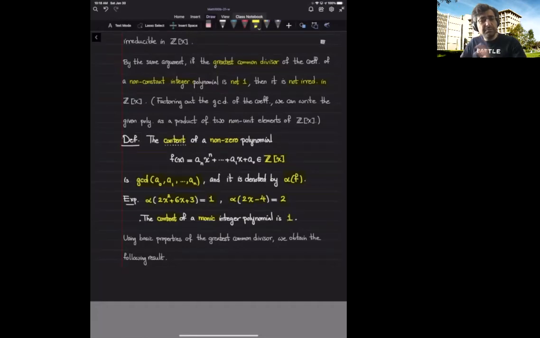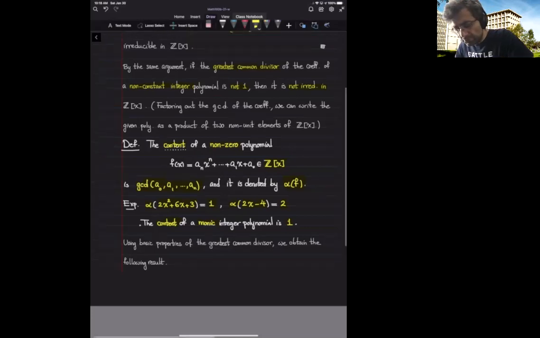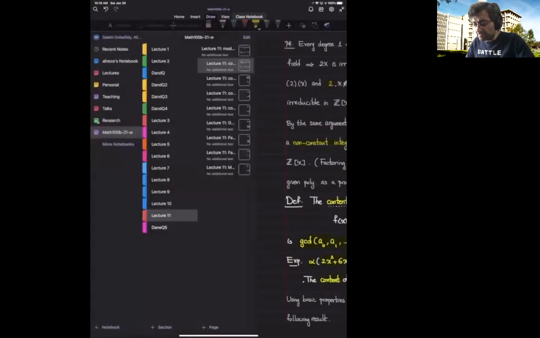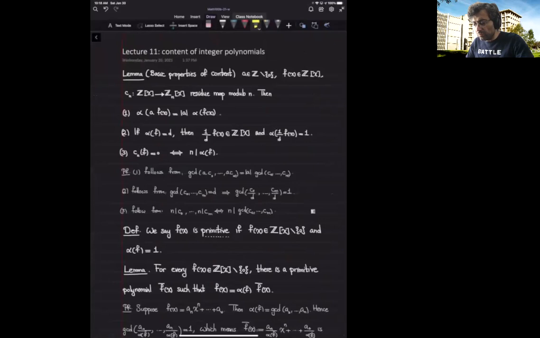Okay, so now let's see basic properties of content before we get to the reducibility properties and so on. Essentially, using basic properties of the greatest common divisor, we can get to these properties for the content of a polynomial.